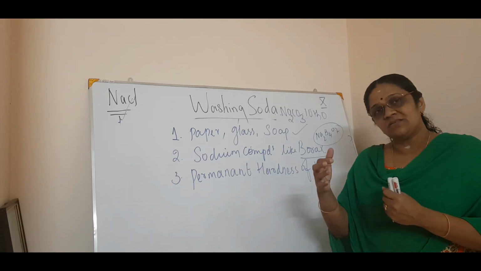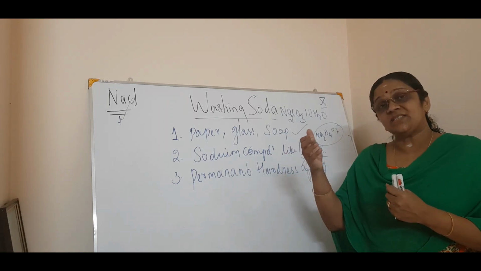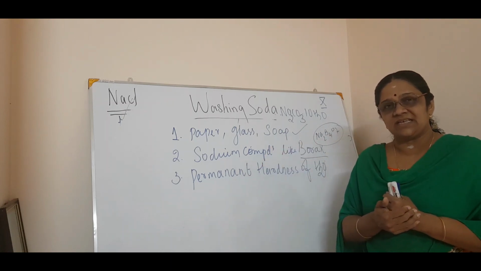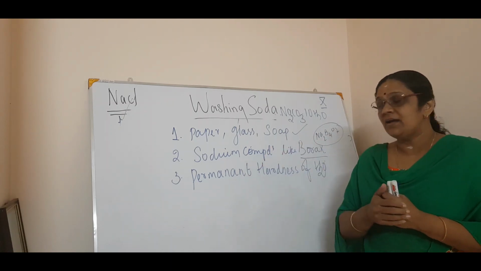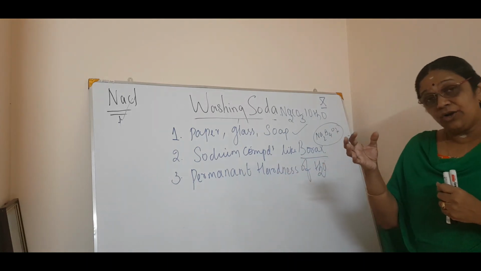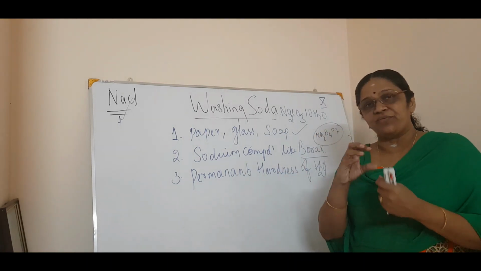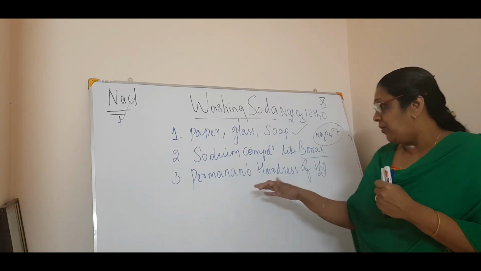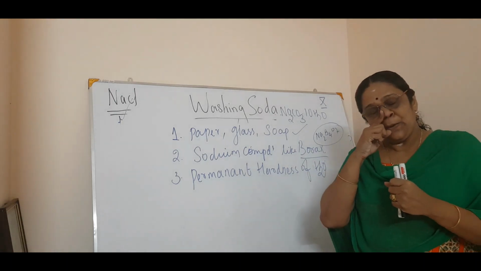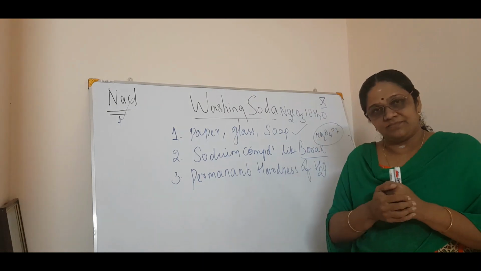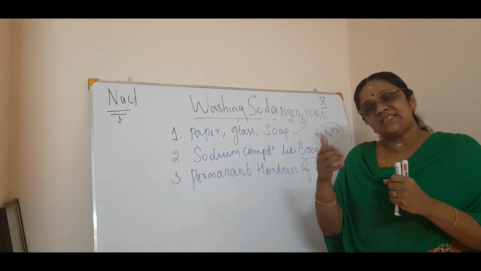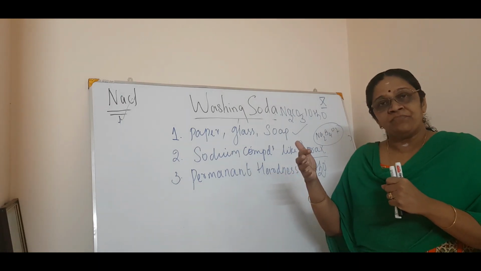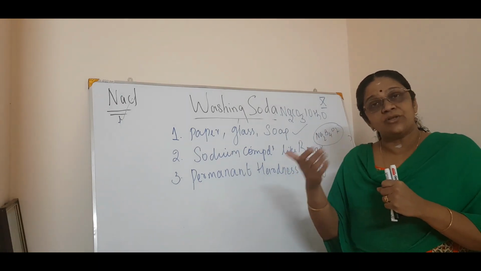Why? Because it is due to the presence of ions like magnesium, calcium, etc. The precipitation has taken place. So leave that part. Just study. In order to make this hardness into softness, then only it can be used for cooking purposes and all. So what you will do is boil the water. You just simply boil the water for 20 minutes and the hard water can be converted to soft water.